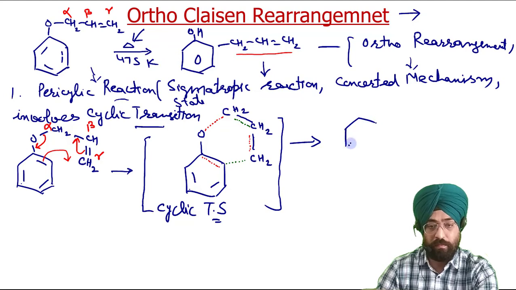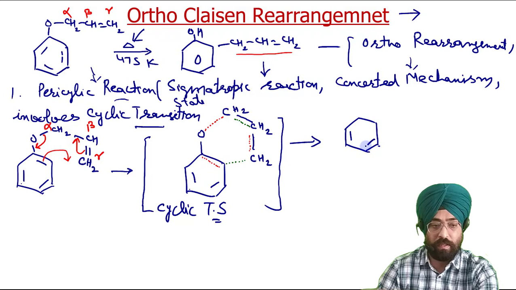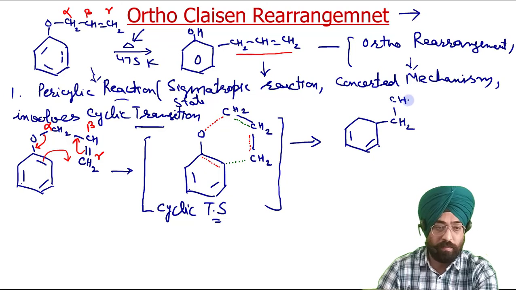Let us see what we will get. So here it is as it is. Now this bond has been cleaved, so this bond has been formed, so it is CH2. Now here is the single bond, CH. Okay, now this becomes double bond, CH2.